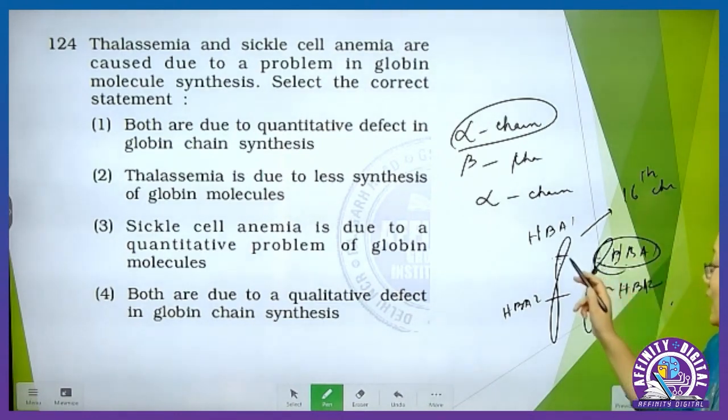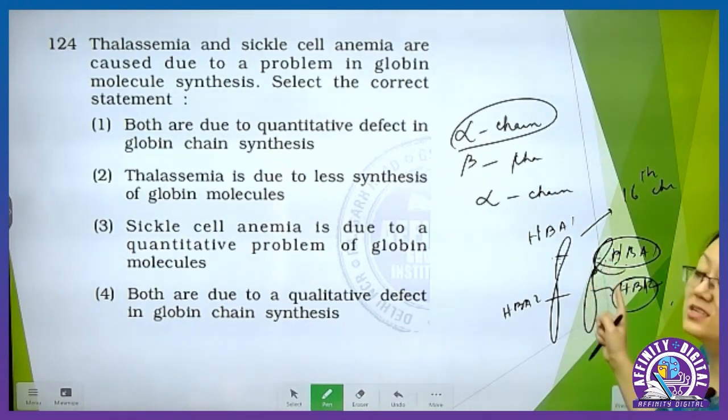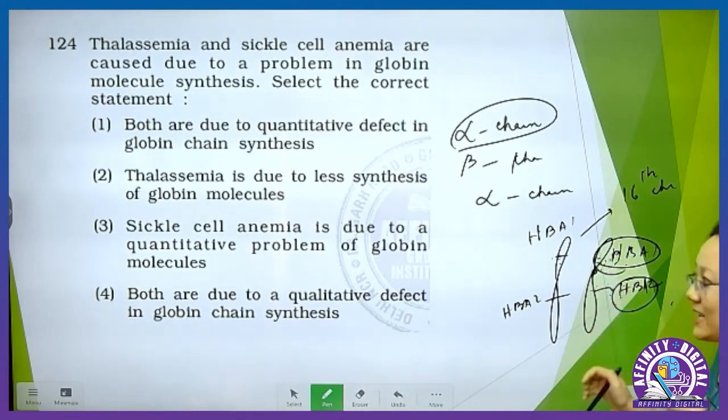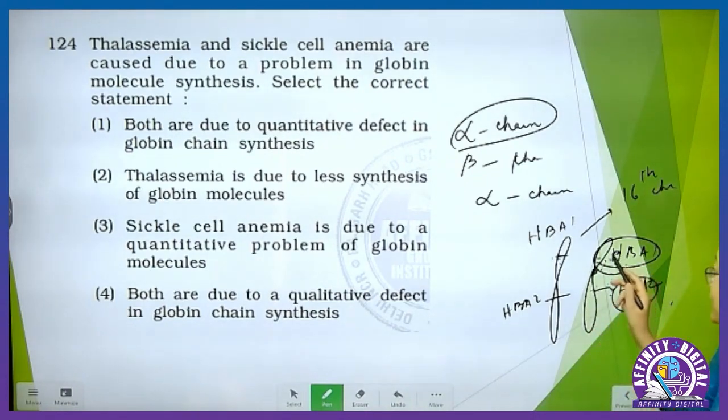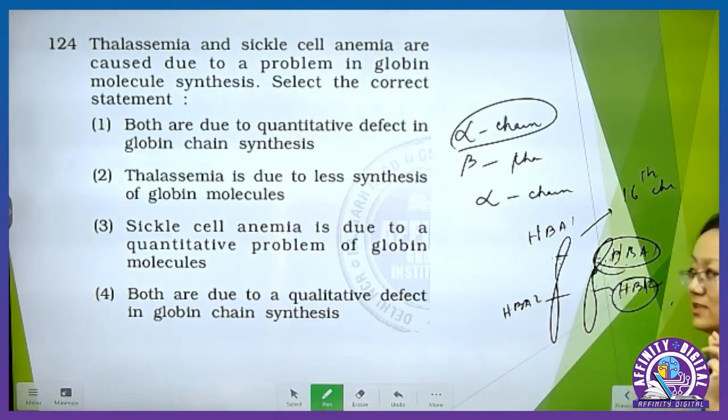then the person will be a silent carrier for alpha thalassemia. If two genes are deleted, then the person will have a mild anemia. If three genes are deleted, the person will start having a moderate form of anemia. Four genes are responsible for alpha chain synthesis.